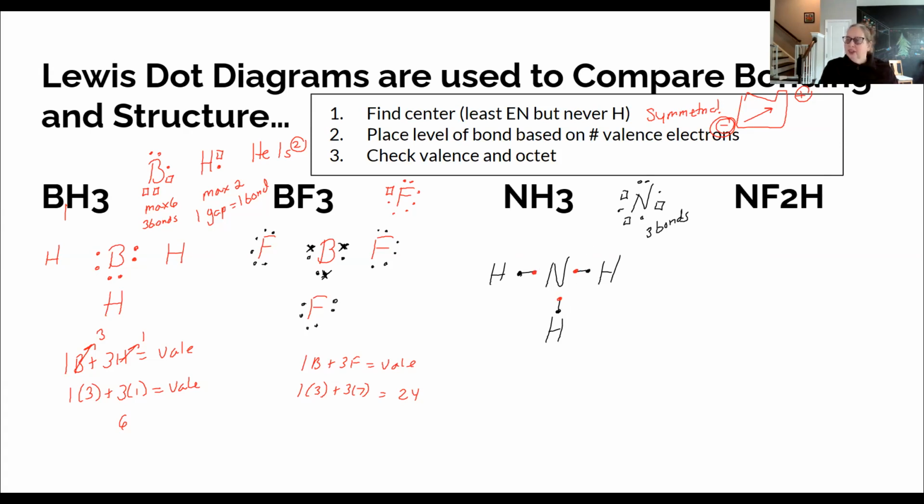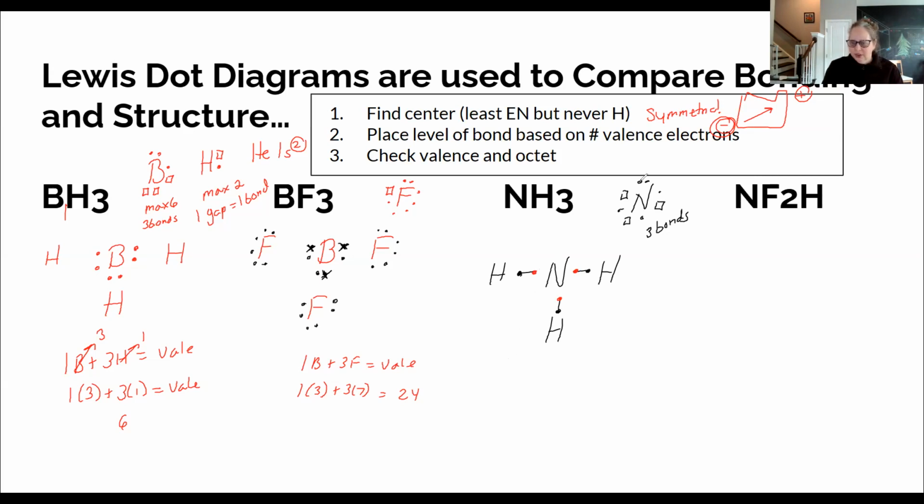Let me rewrite this over here so you remember. Hydrogens max at 2, borons max at 6 for the octet. There's one other rule that we're going to get to, but pretty much everybody else maxes at 8. But those are your starting rules right there. Look at nitrogen.